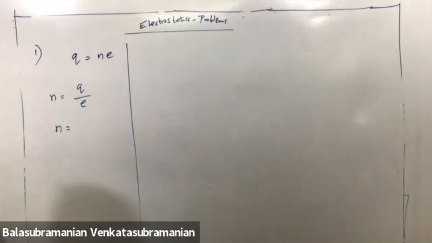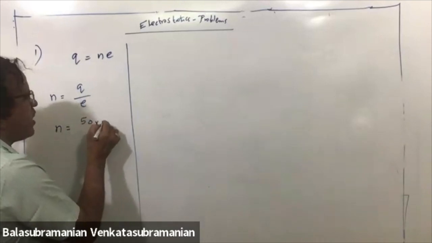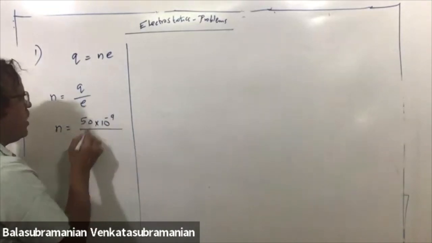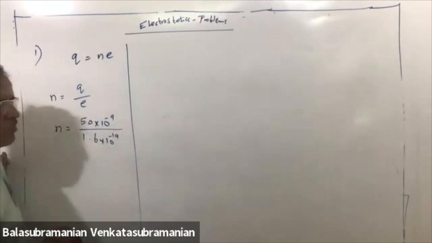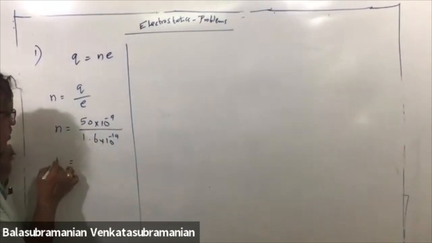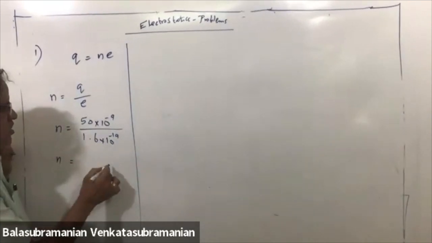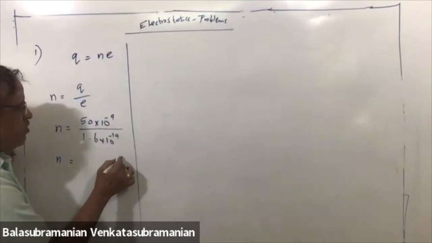Q is the total charge. Given 50 nanocoulomb, that is 50 into 10 power minus 9, divided by e, which is 1.6 into 10 power minus 19. 50 by 1.6 is simplified, and 10 power minus 9 plus 19 is 10 power 10.